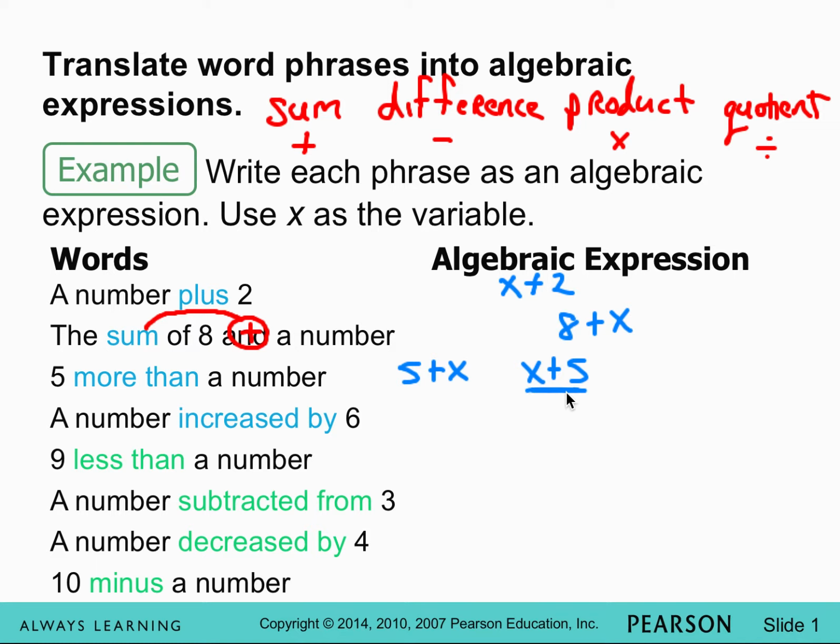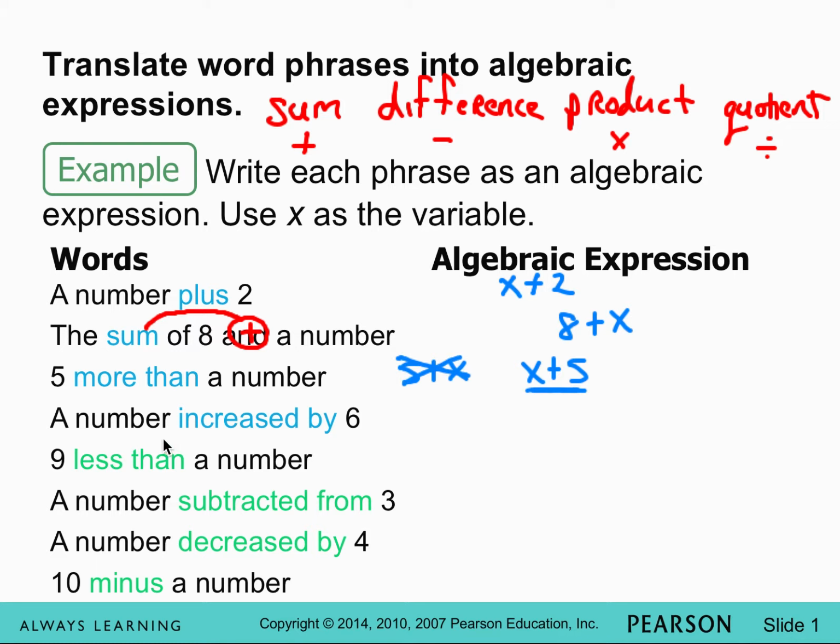So I want to be careful about that, because if this was a minus, 5 minus x and x minus 5 is not the same. So I really want to match my order in my algebraic expression with what the words are saying. So this is saying, I've got 5 more than a number. It means you're going to start with a number and you're going to add 5 to it. 5 more than a number.